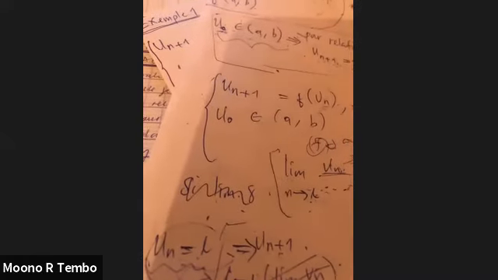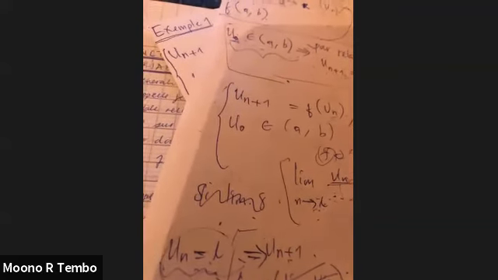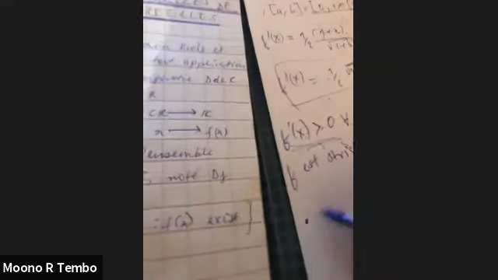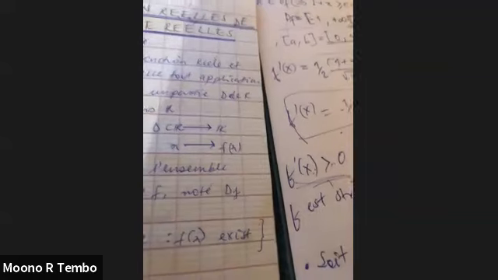Remember last time when f was continuous, what happens? Our limit was heading towards L. Our u_n was going to L. So this here, we're going to apply what we know.